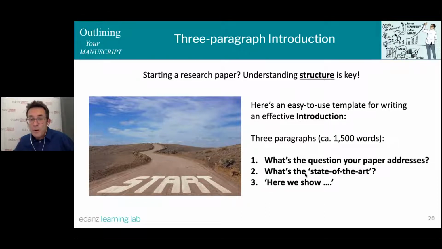Then they do what's called the state of the art. They tell the reader in the second part of the introduction what's recently been published that's key to the question that the paper is addressing. Not a literature review, not hundreds of citations, but key recent references, key review papers that summarize that state of the art. Why is your question interesting?